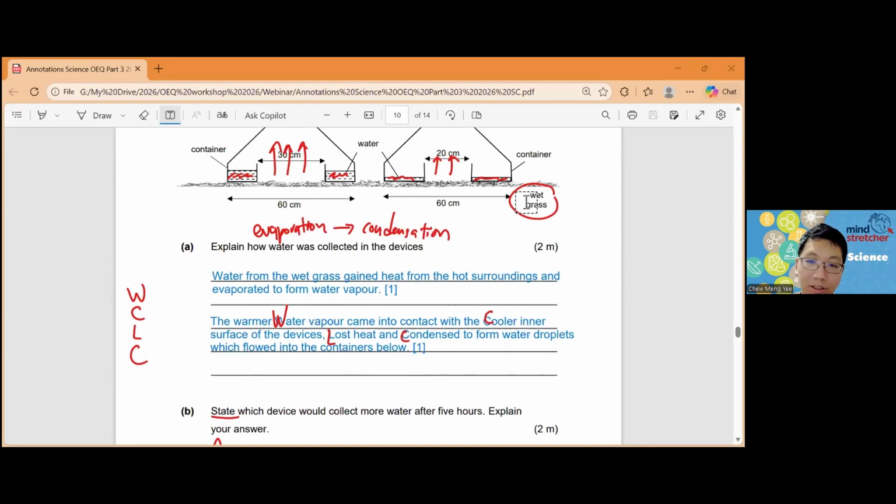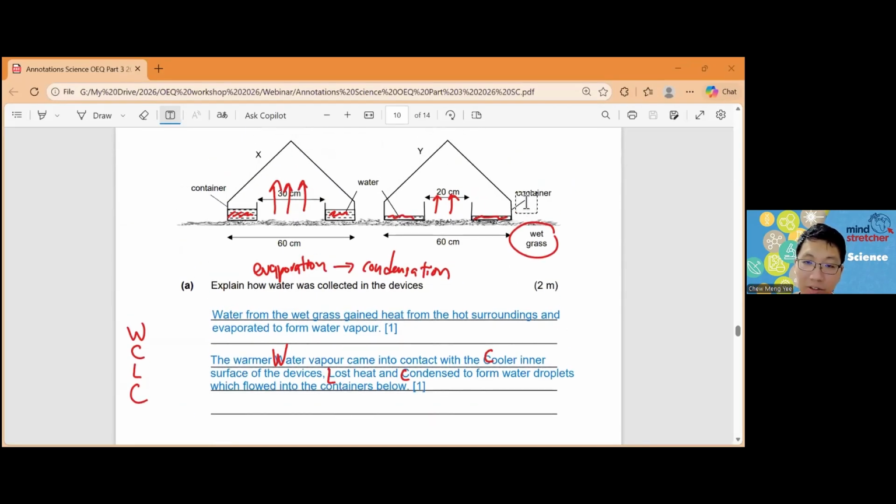In this case, it's a solid surface, the cooler inner surface of the devices. But my question to you is, can the cooler surface not be a solid? Give me an example.